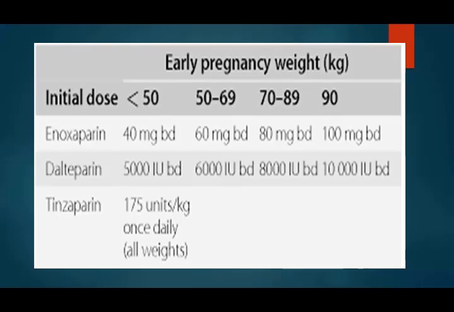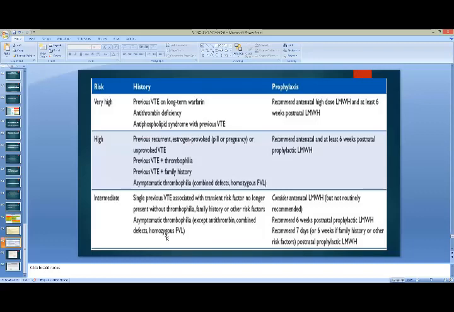Dalteparin and tinzaparin are all used, and one of the regimes for tinzaparin is 175 units per kg once daily. So these are all the doses of low molecular weight heparins.